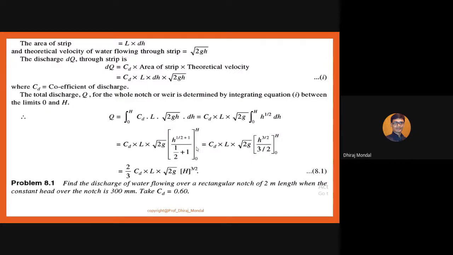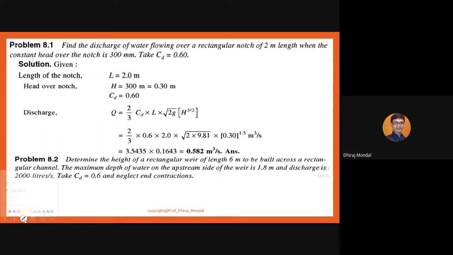So see what happened actually. Now basically, let us consider this is the notch apparatus, over which the water is flowing.